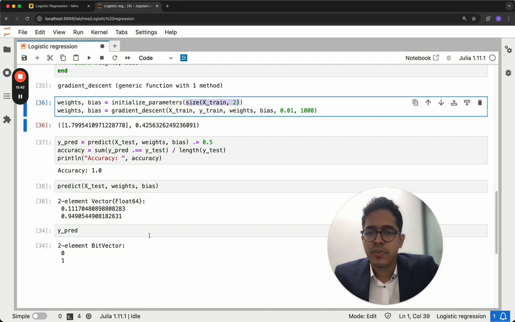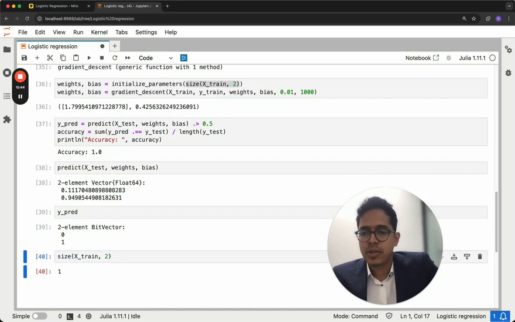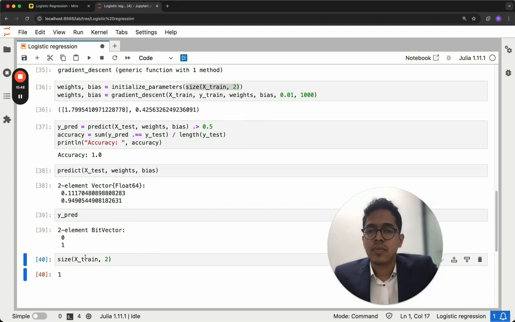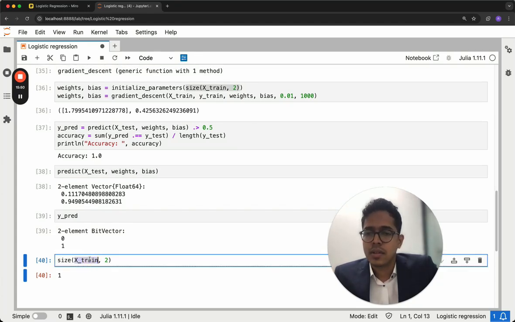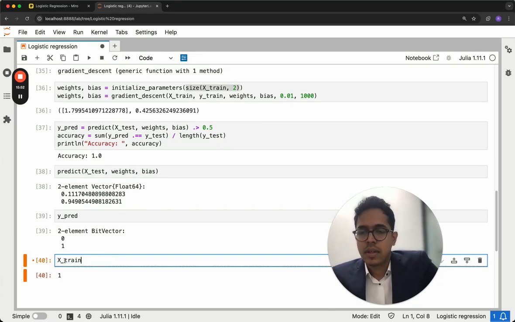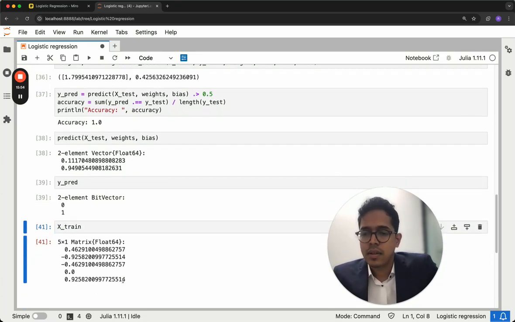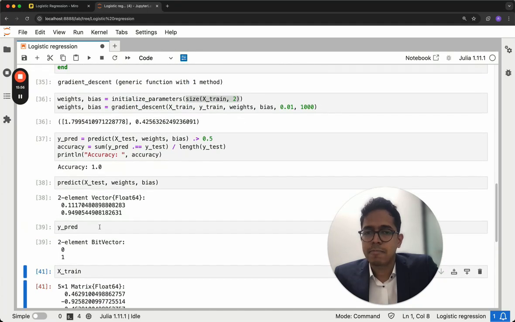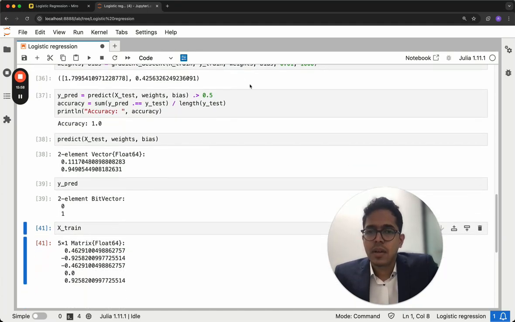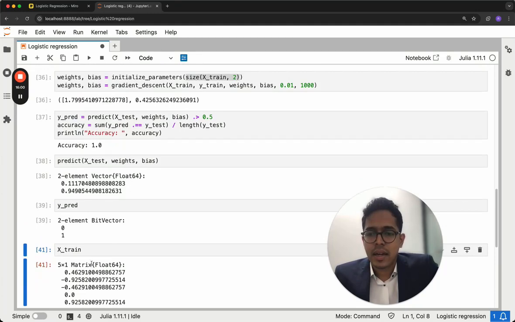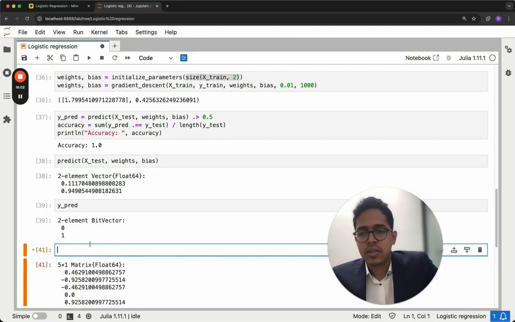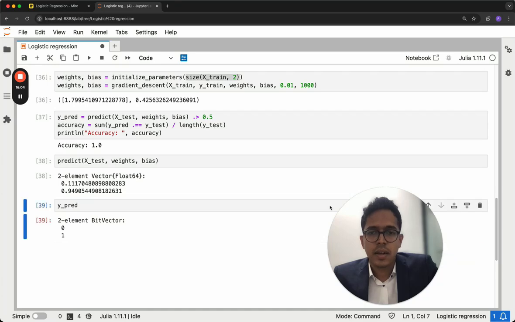I think this is 5 by 2, right? Size of x prime comma 2 is 1. That is, x prime is 5 by 1, and yeah, so size along the other dimension, fine. There's only one feature, fine.